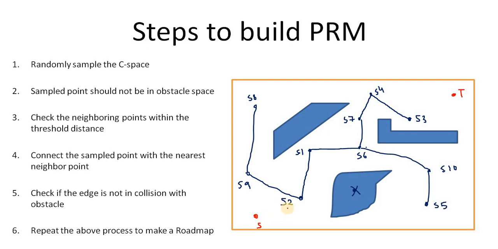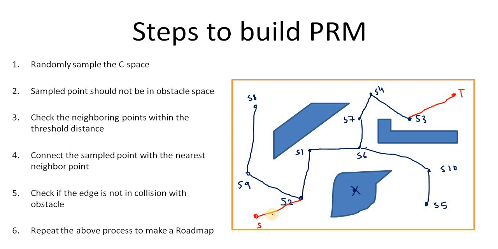So the nearest one is S2. We add the node S to our roadmap by joining it with S2. Okay, and to the target, the closest node is S3, so we join it with the target.